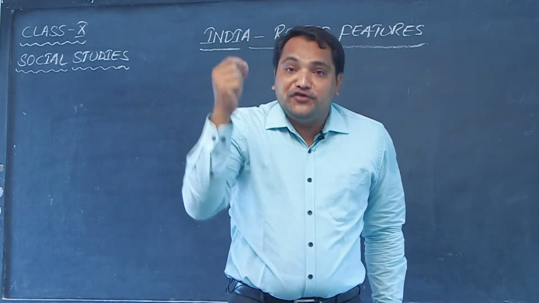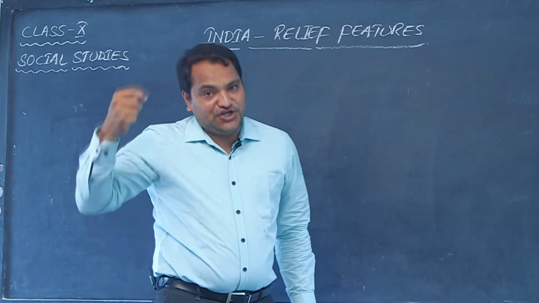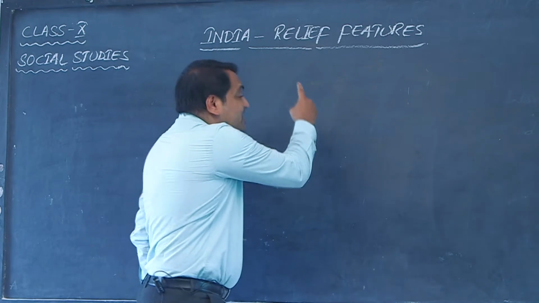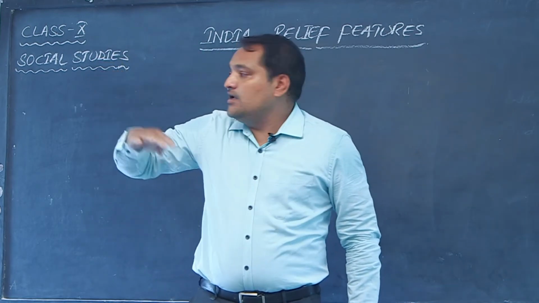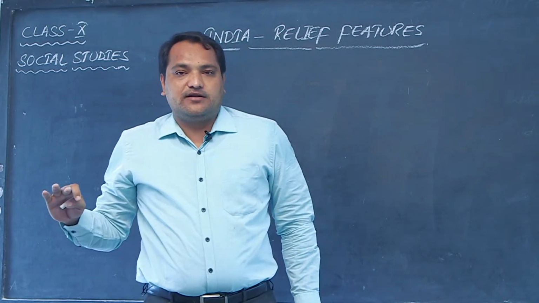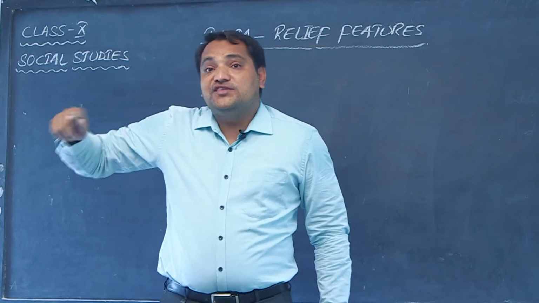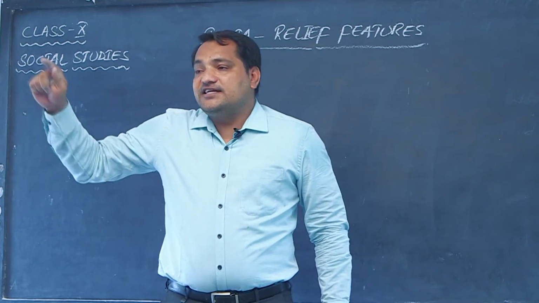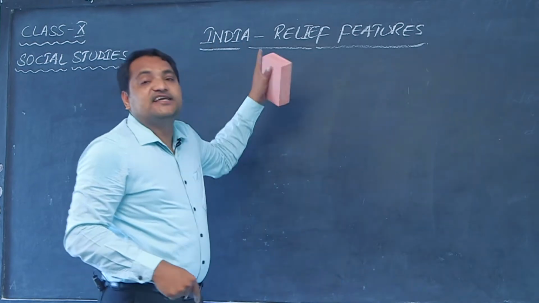But if you take the word relief in the context of geography, the word relief stands for differences. The land is not alike everywhere. It differs from place to place. How the land varies at different places in our country is discussed in this chapter.